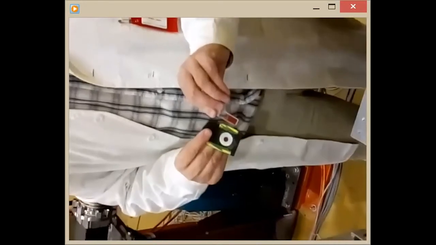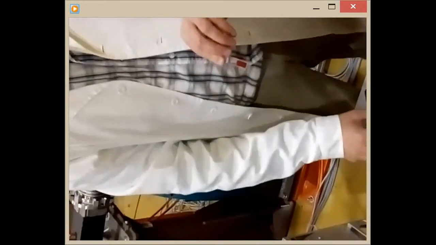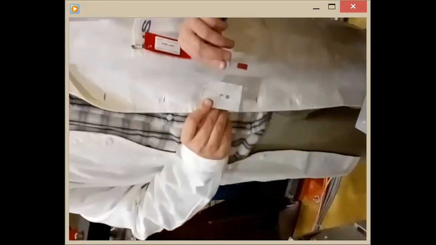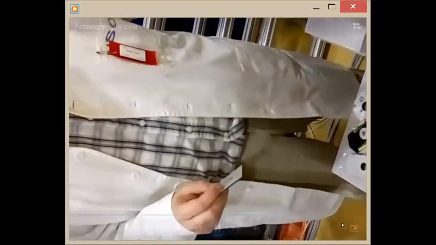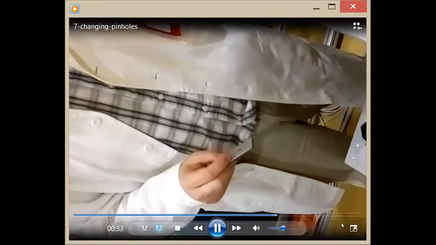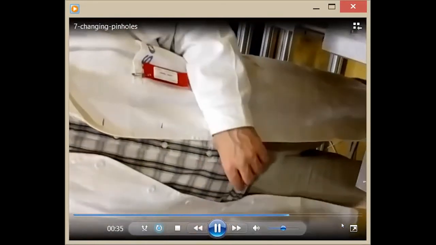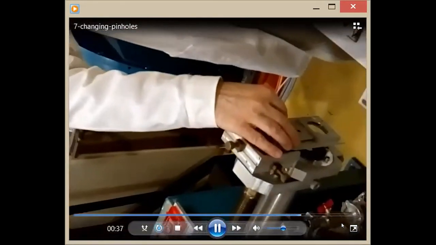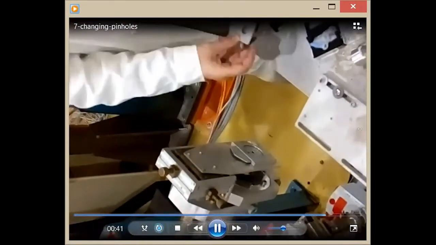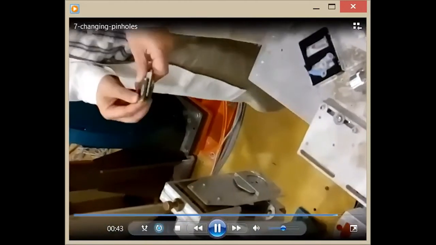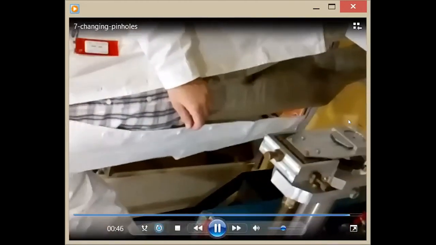This would match the size of the quartz cell. 7 millimeter would match even better. All these operations in this area must be done when the beam is closed, when the shutter is closed.